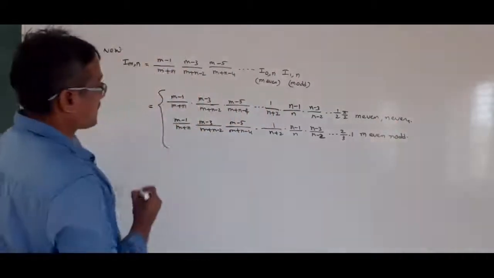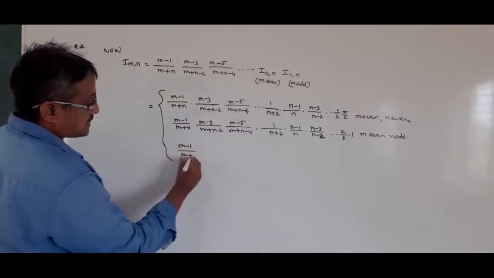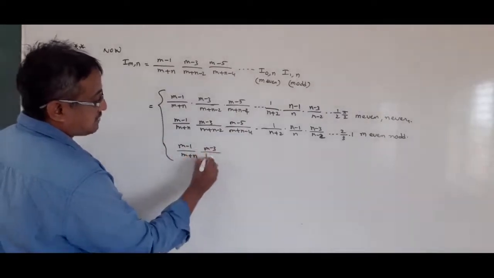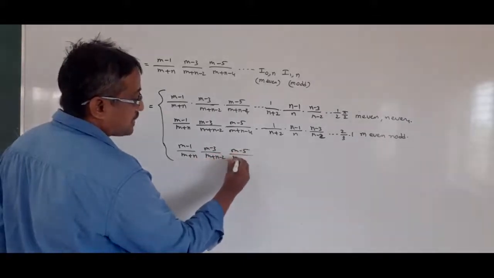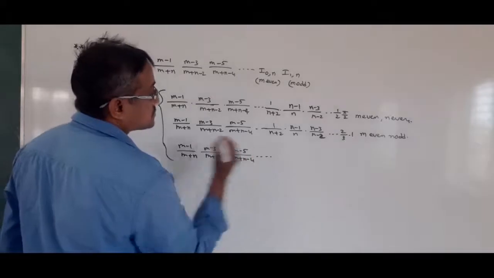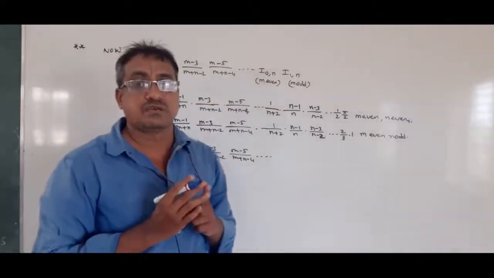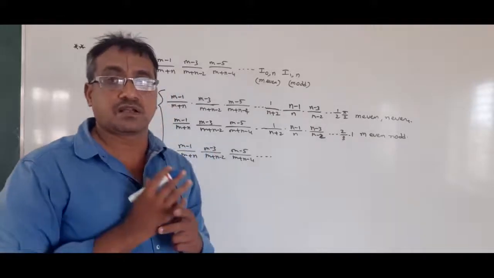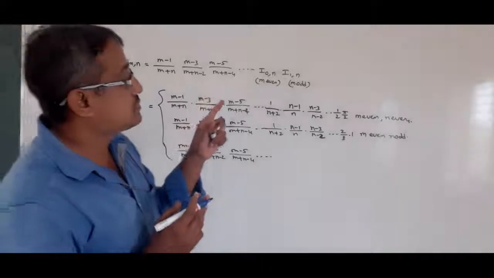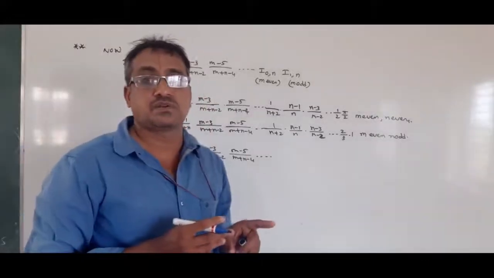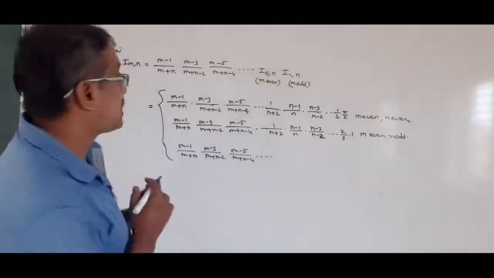Now, (m minus 1) by (m plus n), (m minus 3) by (m plus n minus 2), (m minus 5) by (m plus n minus 4), and so on. Now when m is odd, it will end with I(1, n). I(1, n) you must have got by substituting m is equal to 3, then only you will get 1 comma n.